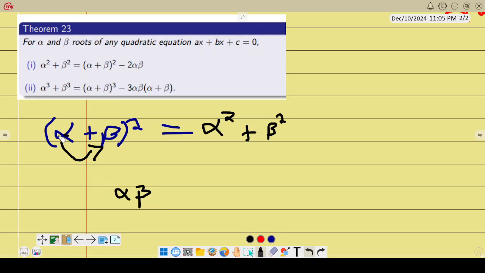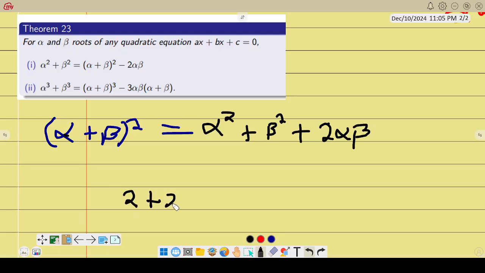Since we have 2 terms, we multiply alpha beta by 2, which gives us 2 alpha beta. So like this, you have expanded. Some things can be so easy that you even start doubting whether you are wrong or right. So this is the simple trick. Let me give you one more.